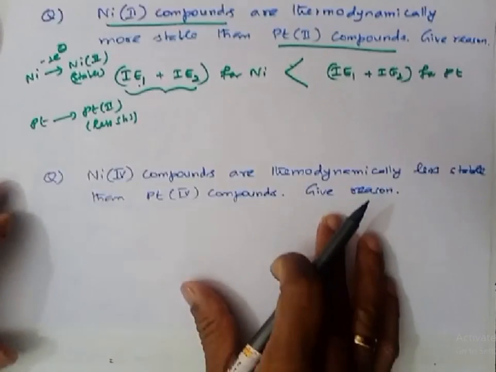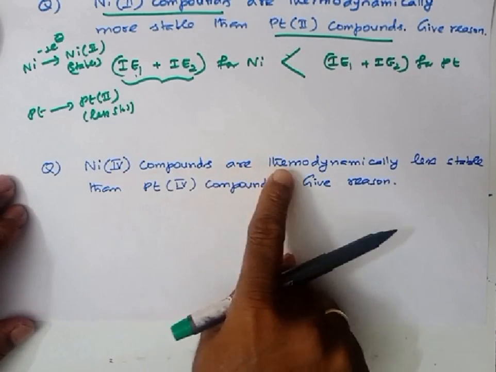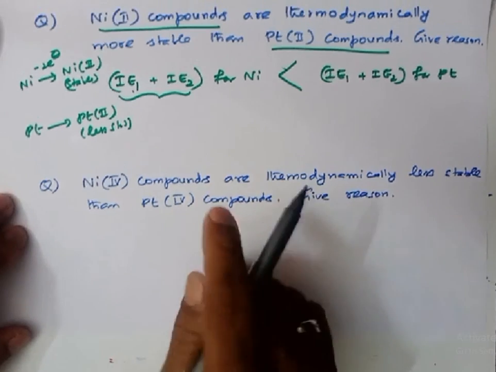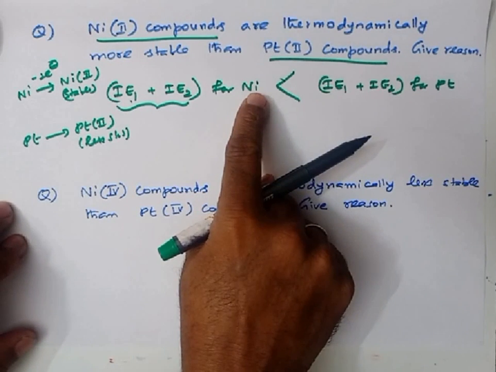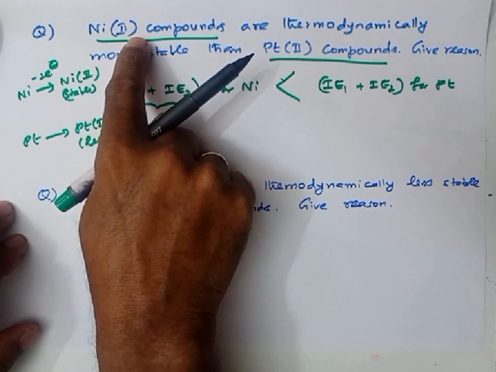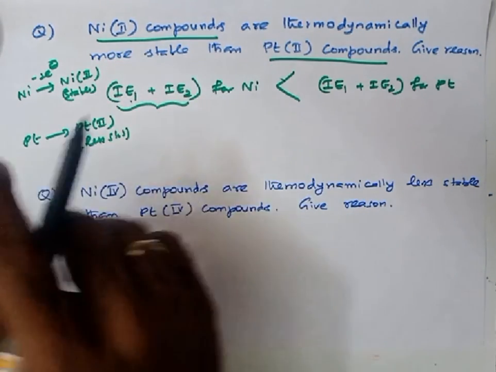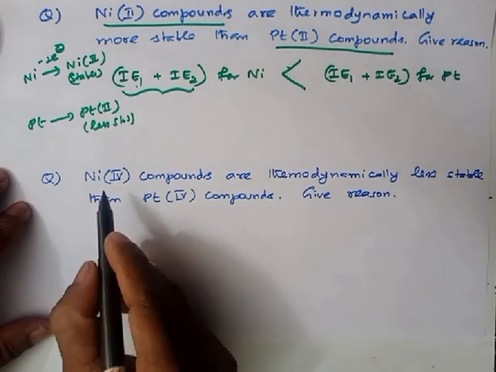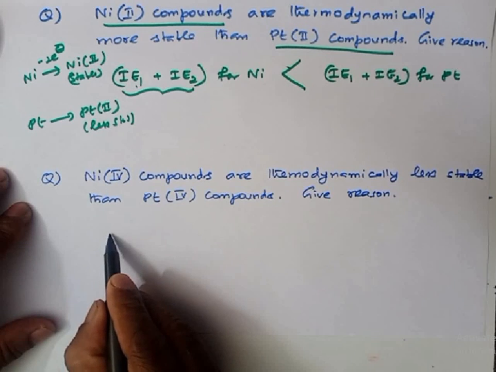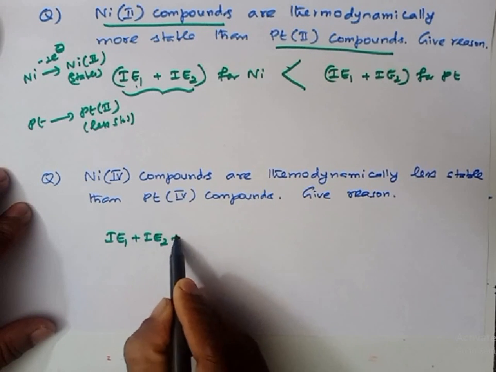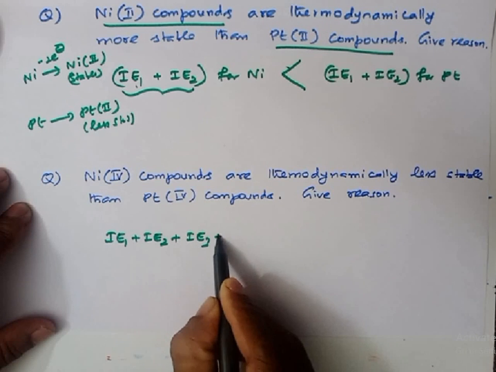In a similar manner, see this question: nickel(IV) compounds are thermodynamically less stable compared to platinum(IV) compounds. For nickel(II), the sum of these two is low. If you compare nickel(IV) with platinum(IV), students observe carefully, we have to remove 4 electrons. So first plus second plus third plus fourth ionization energy.